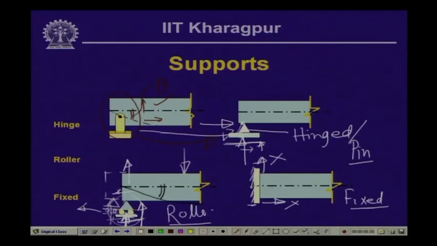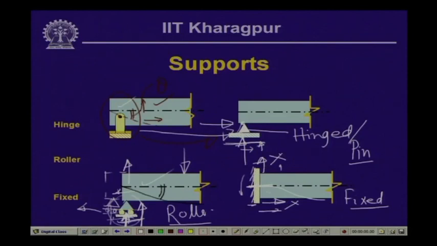Also, this particular part is not allowed to rotate freely. That means this particular axis, if we look into it, will remain straight over here. So, no rotation as we had in the earlier cases is allowed. Here, the horizontal movement, the vertical movement as well as the rotational movement are restricted.